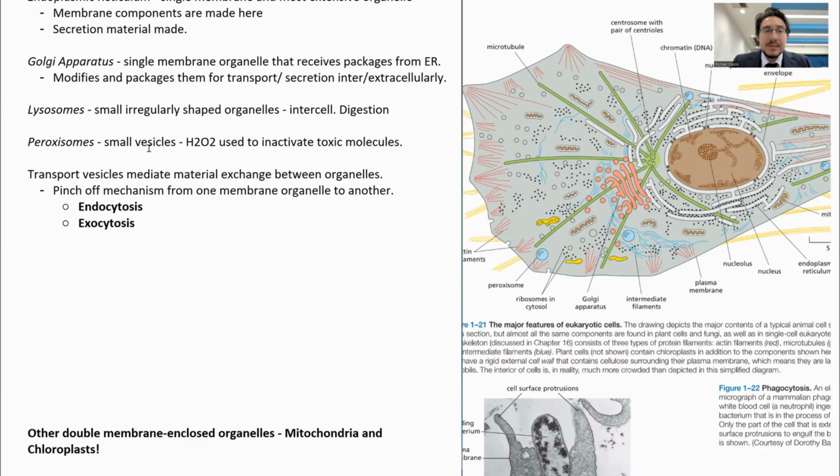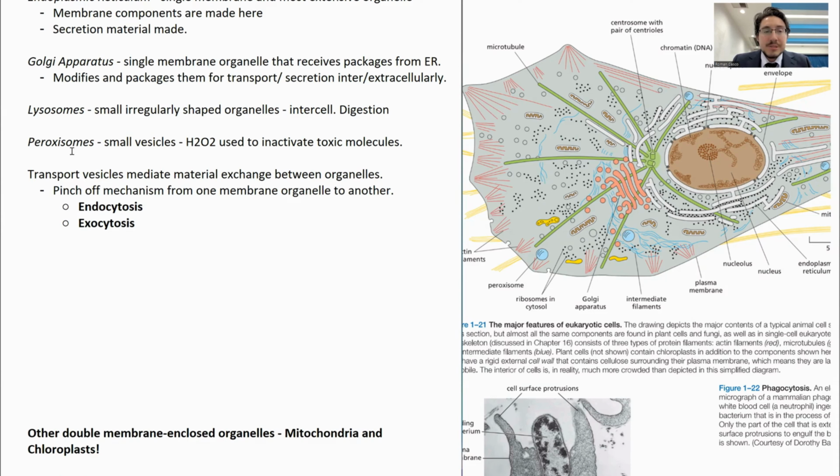You have little lysosomes there. These are small, irregularly shaped organelles, right? That primarily serve for intracellular digestion. So you essentially have, I apologize for the little ring there, intracellular digestion, where you have these lysosomes engulfing little foreign particles to be broken down and whatnot.